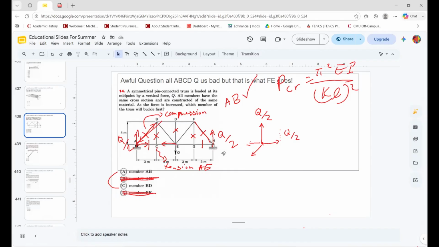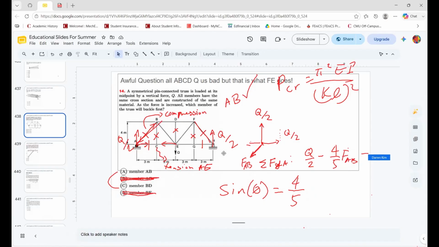So let's do it. Let's first figure out the force on this. Summation of Fx on A we need to do. With Q divided by 2 upwards, we have to do Y. Then we know sine theta, which is about a 4-5 triangle, is in the minus direction: minus 4 divided by 5 times force AB must equal 0.